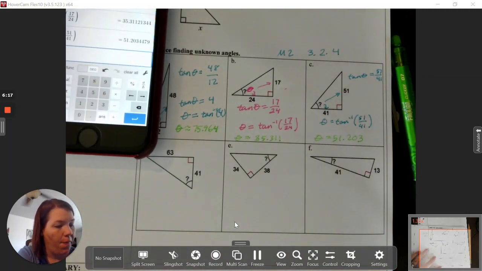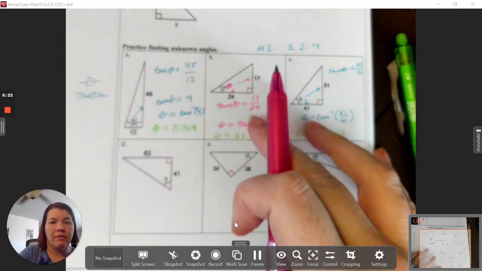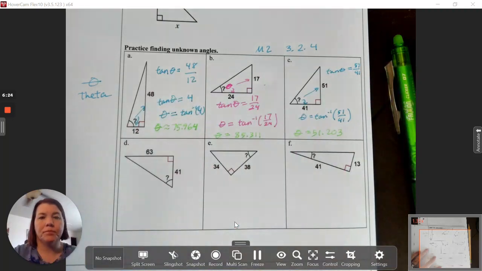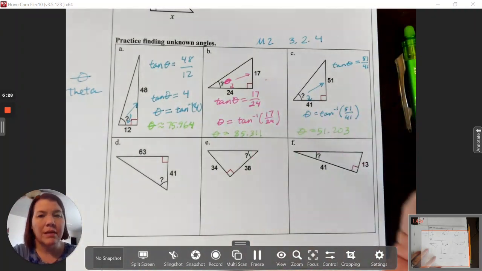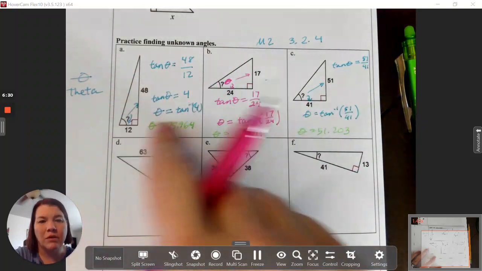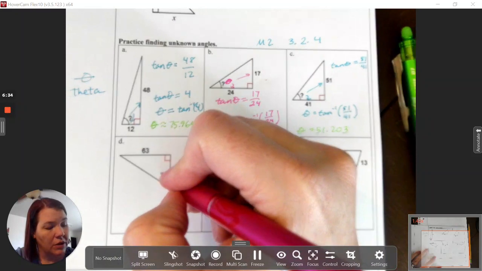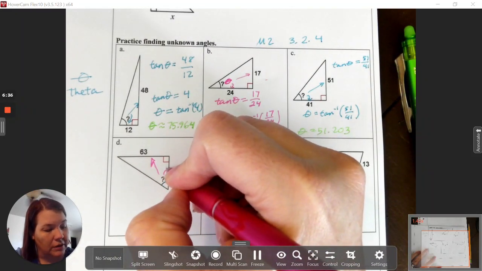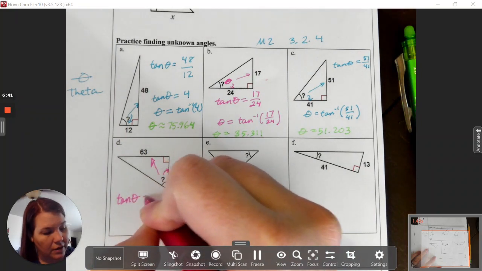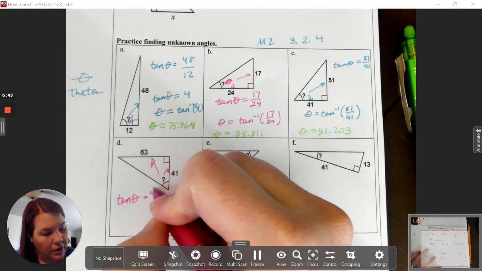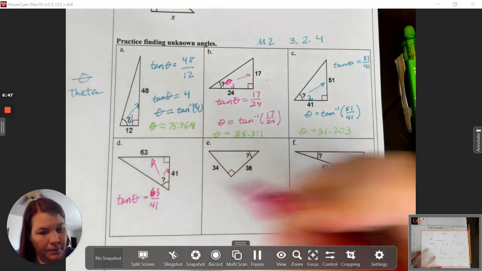Let's continue. When I look at the ones at the bottom, these are all oriented in very much the same way. These ones are not, but we still want to do opposite and adjacent. So I'm going to have the tangent of theta equals opposite 63 over 41.